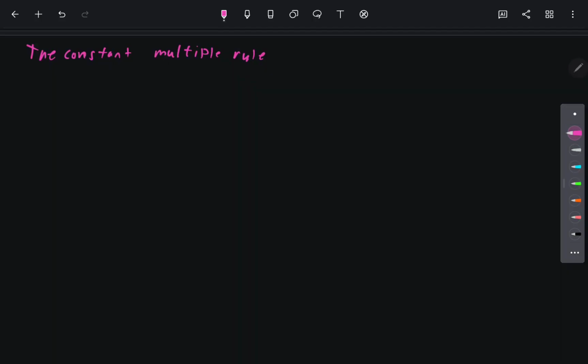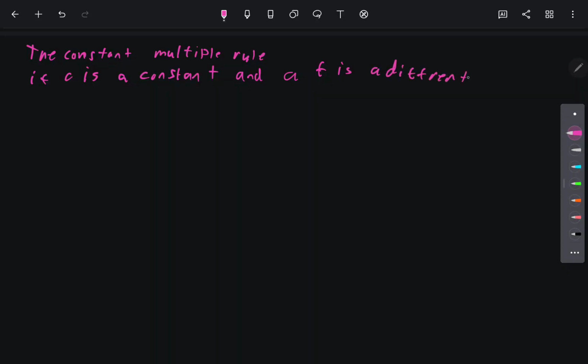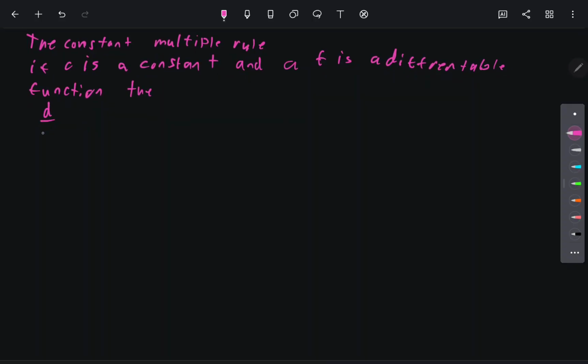The constant multiple rule: if c is a constant, and f is a differentiable function, then the derivative of c times f of x is equal to c times f prime of x.